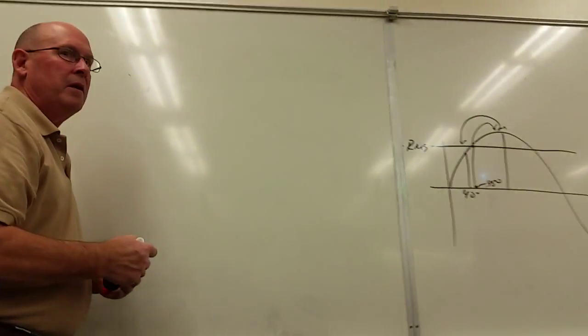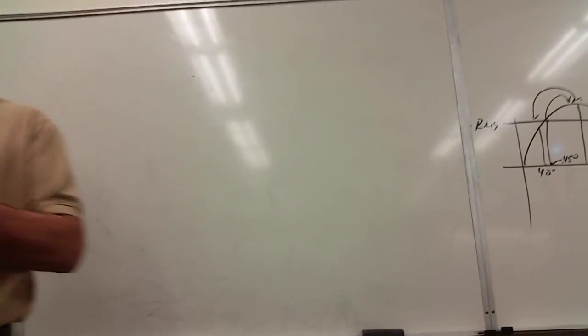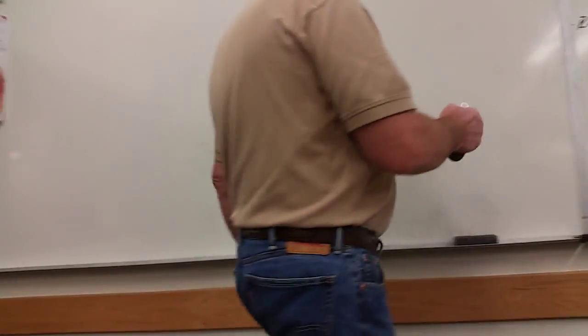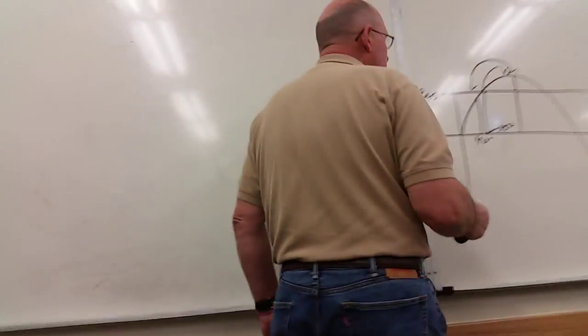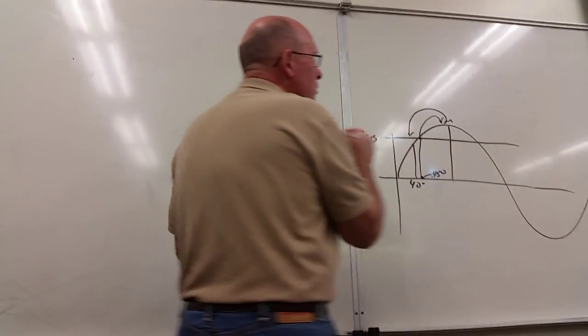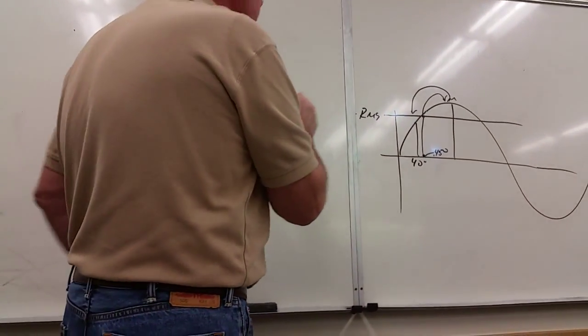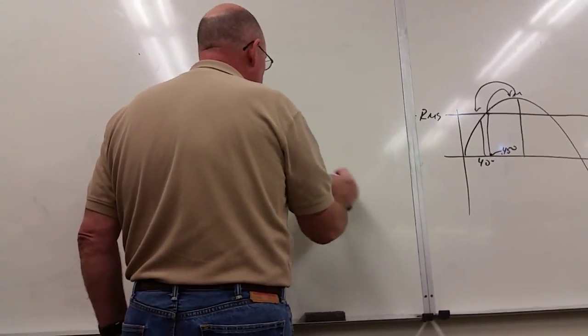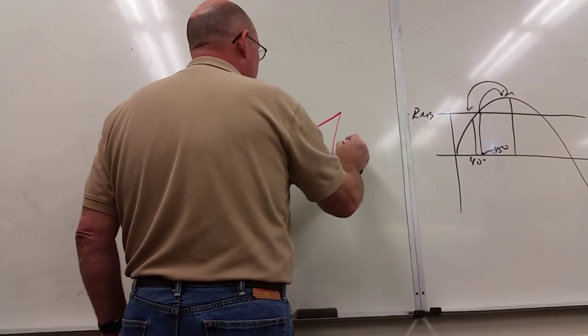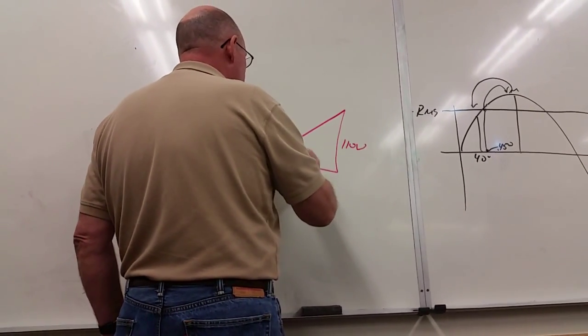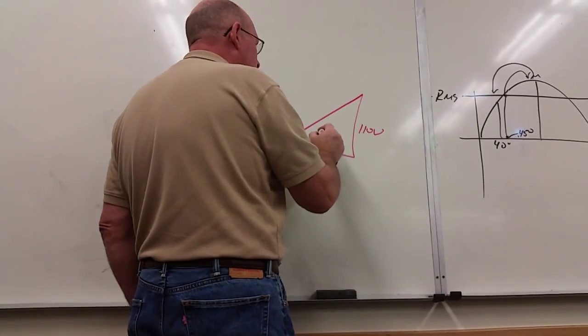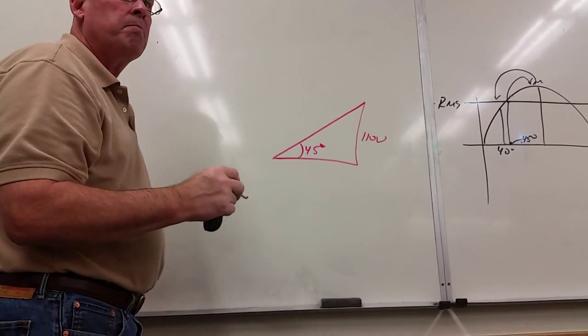Now this is where you're going to get caught on a test if you don't pay attention. Okay, so to get to the max, we have to say this effective value is what? Has effective value of 110. This angle is 45 because we know that's what the effective value is, isn't it?